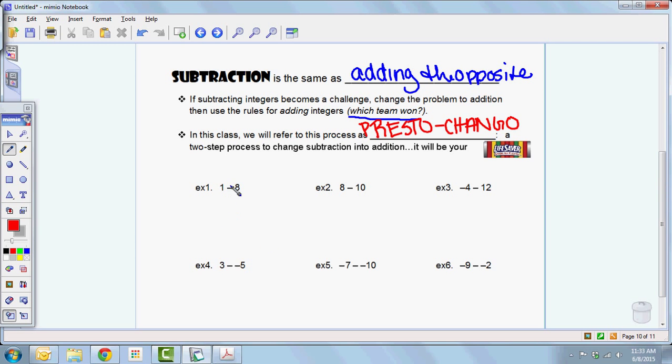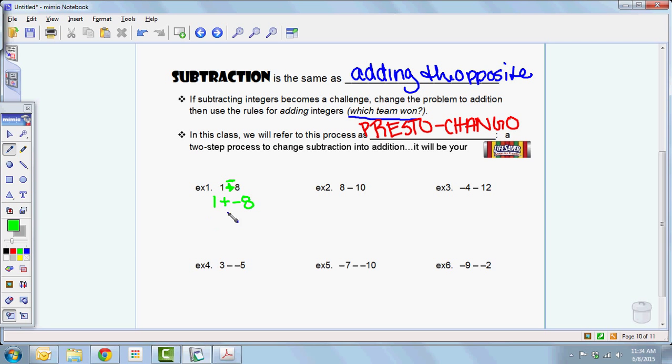So if you have 1 minus 8, this would be an example of a problem that people would freak out at, and they would pull their calculator out and just type that in. But if you use Presto Changeo, it's not going to be that bad. Presto Changeo is when you take your subtraction sign and you change it to add the opposite. Okay? So now I'm going to rewrite it: 1 plus a negative 8.